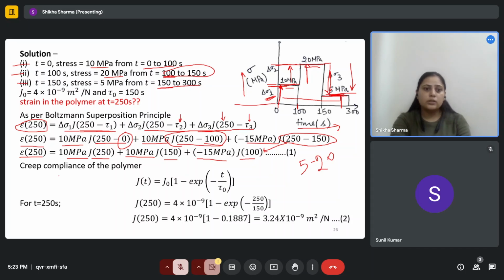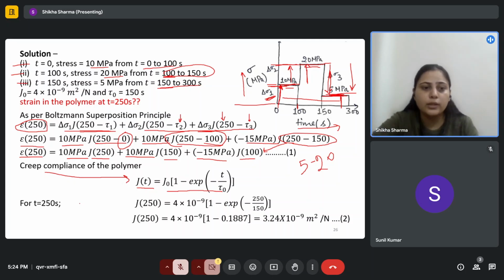The creep compliance of a polymer at any time is given by this equation: creep compliance at any time equals creep compliance at initial time multiplied by 1 minus exponential of minus t, the time, divided by the stress relaxation time.